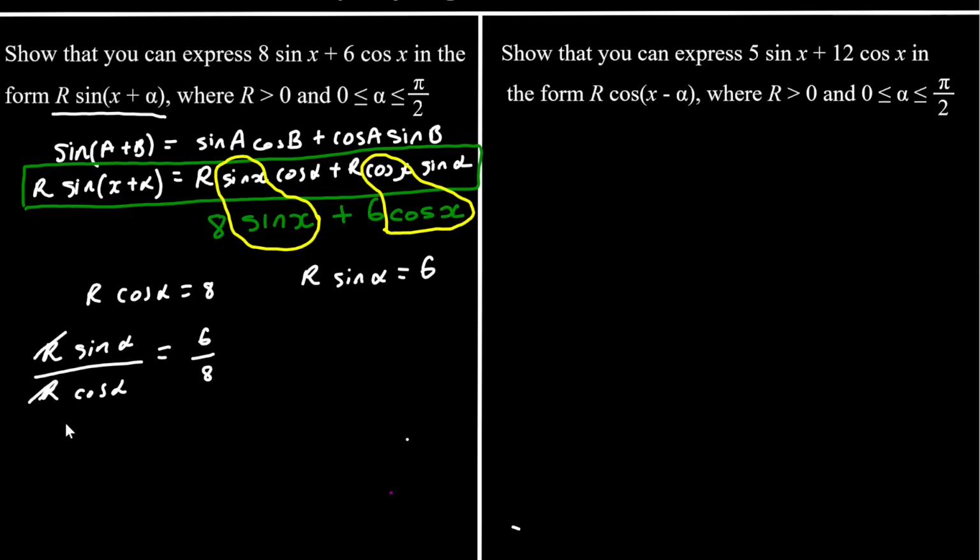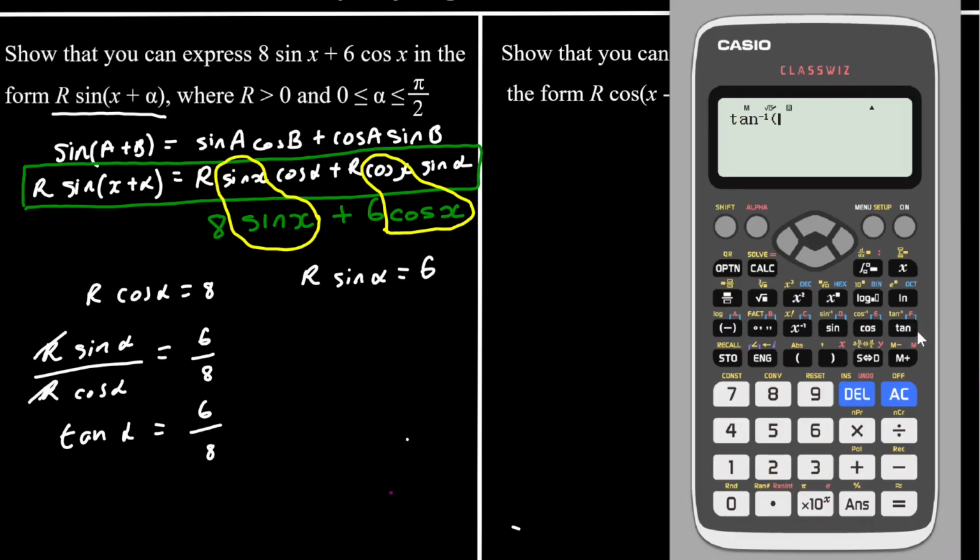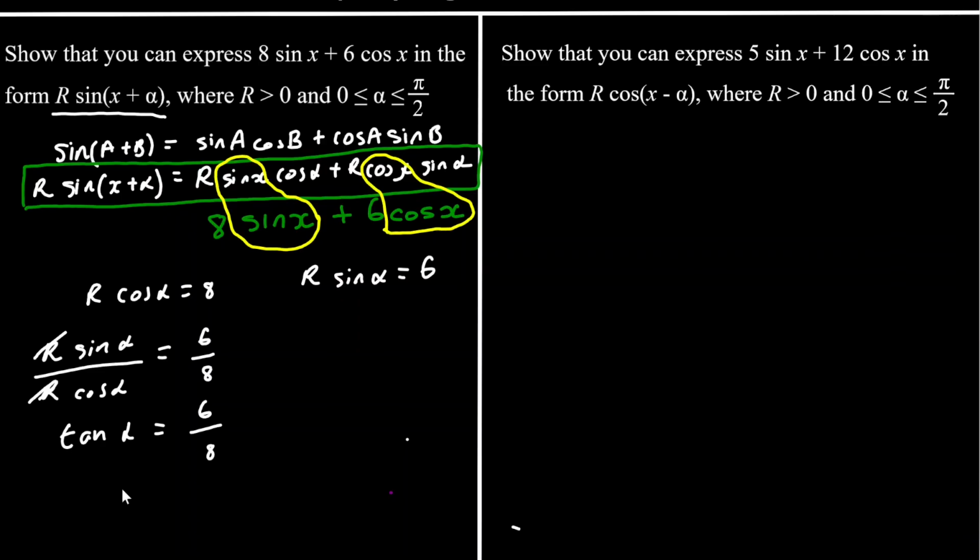Sine over cos makes tan, so we get tan alpha is 6/8. So shift tan 6/8 or 3/4, and we get 0.644. So alpha is 0.644 radians.